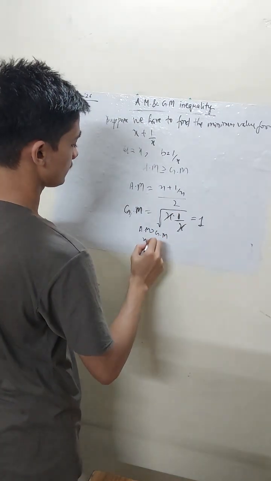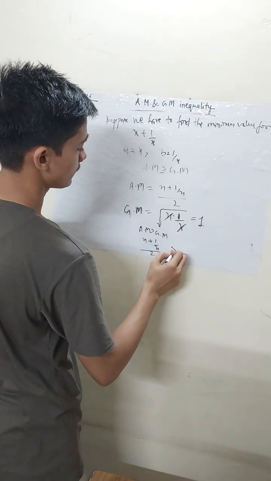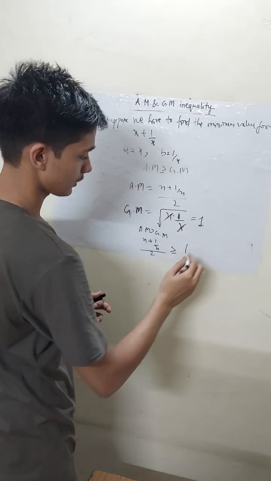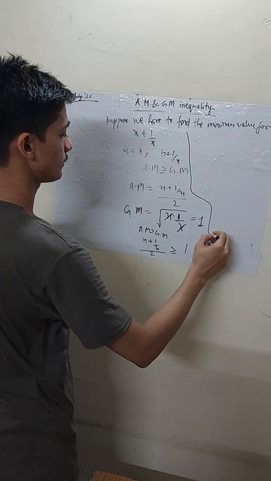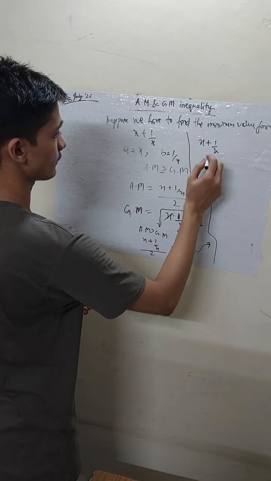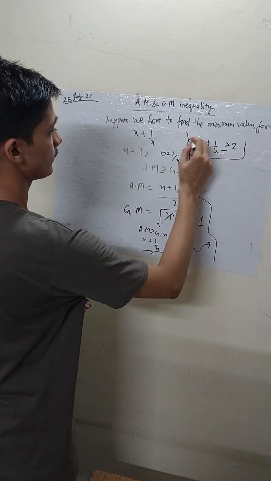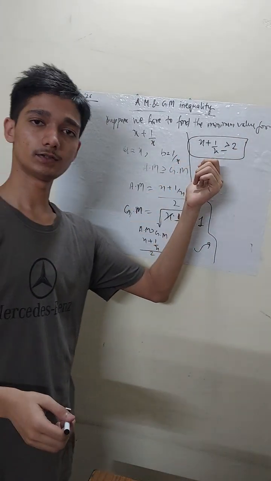So (x plus 1 by x) over 2 is greater than or equal to 1, which says that x plus 1 by x is greater than or equal to 2. So here we found the minimum value of this function, which is 2.